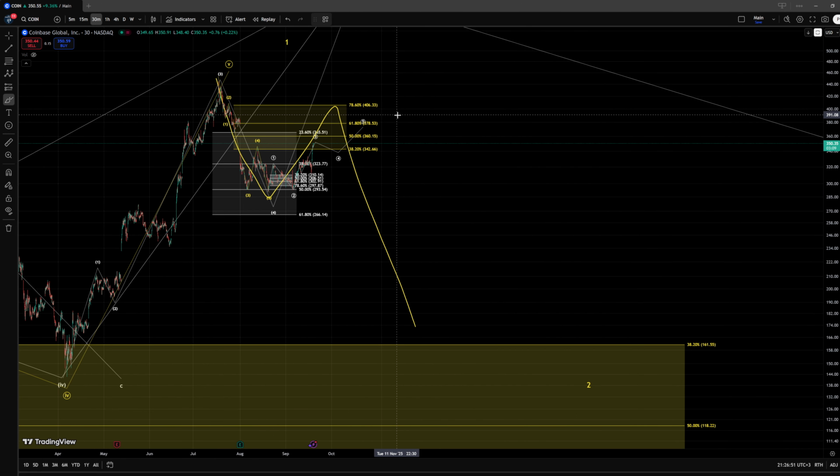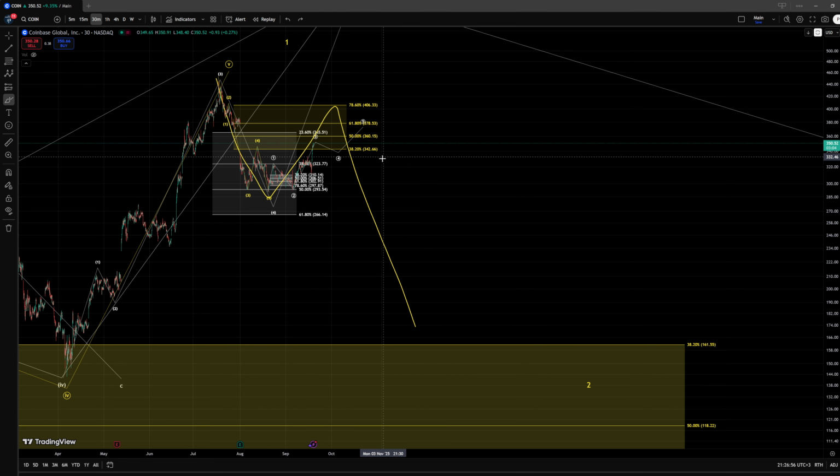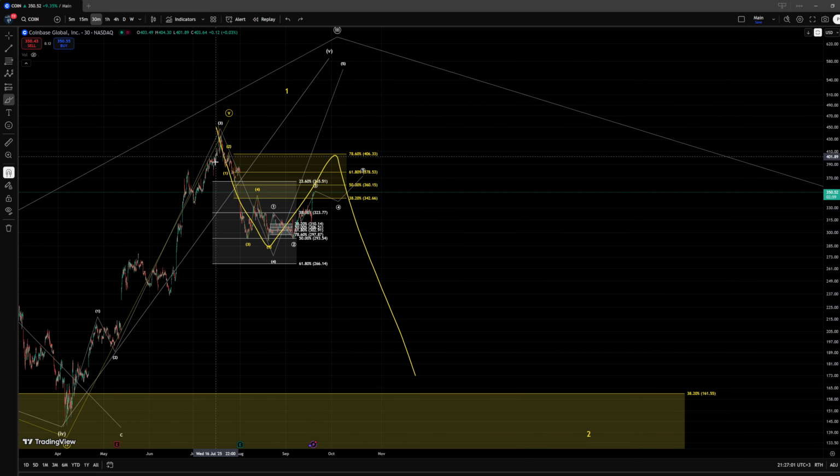Now it wouldn't necessarily be a straight line like this, but it would be quite impulsive in the interpretation of a 1, 2, 3 movement to the downside.